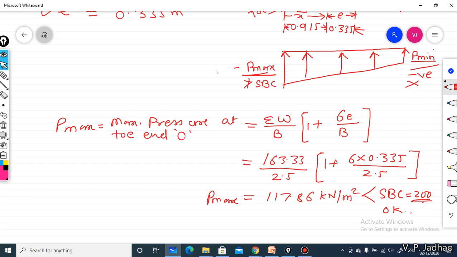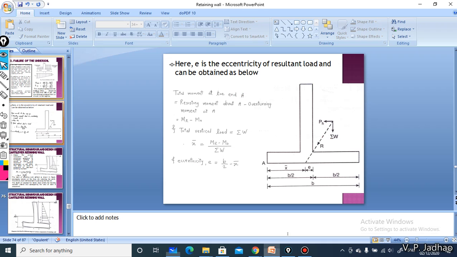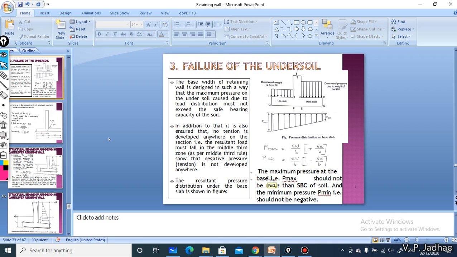So we have got this value as 117.86 kilonewton per meter square, and now we have to find the value of P minimum. The formula used for calculating P minimum is this same formula, only instead of this plus, put a negative sign.